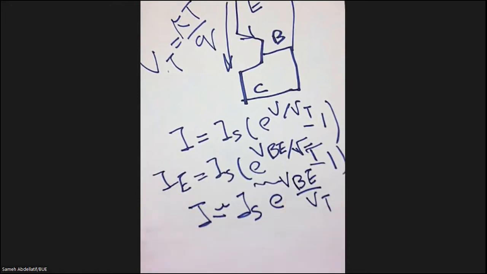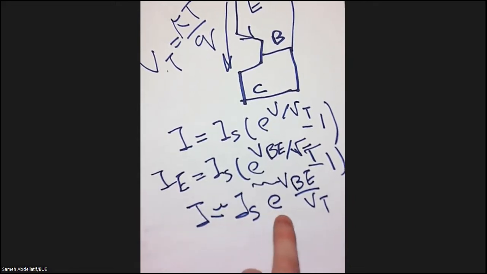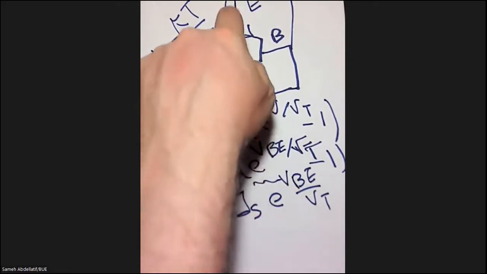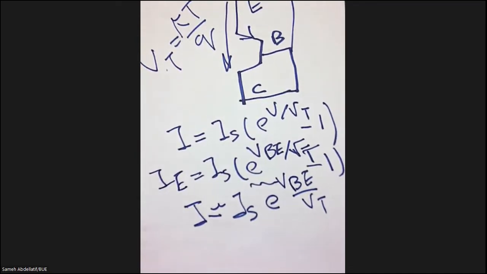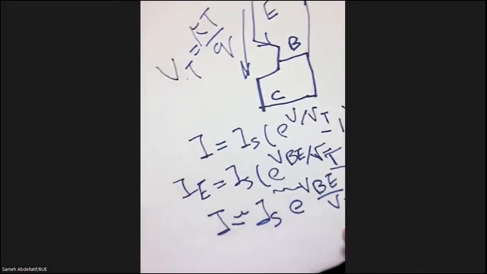So this is a very simple equation where the current flowing in the diode equals the saturation current exponential to the power VPE, which is the voltage applied to the diode, over VT. Great.